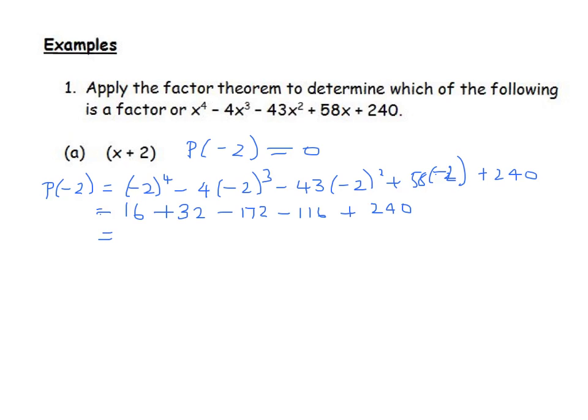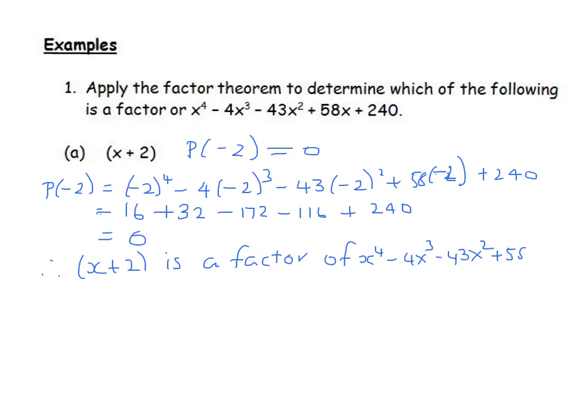And if you add all of that up, it equals 0. So we can make a statement, therefore, x plus 2 is a factor of x to the power of 4 minus 4x cubed minus 43x squared plus 58x plus 240.